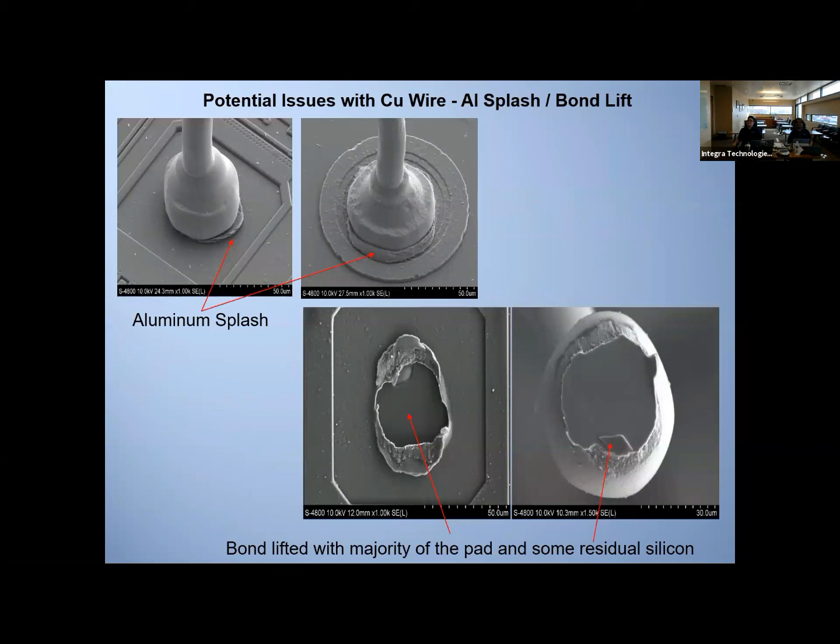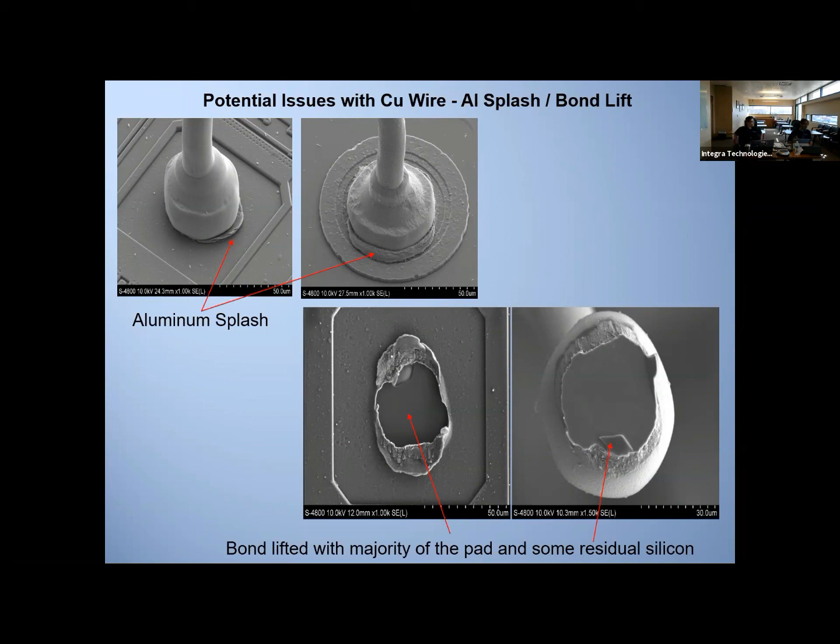So this is some more examples of aluminum splash. And this one shows that the bond lifted the majority of the pad and some residual silicon, which is really a no-no, because when you do a bond pull and you see residual silicon up there, it means that the bonding was not proper. Or if you see the majority of the pad being lifted, that's not good.